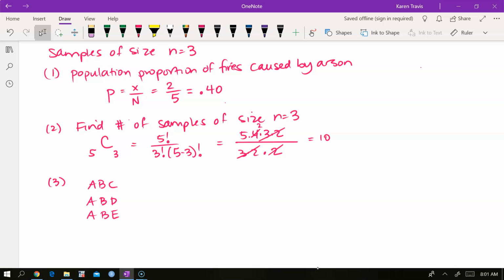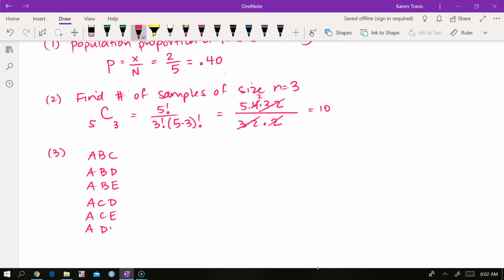I just chose all the fires that would have A and B. The next ones I'm going to choose are the fires that have A and C, and then the fires that are A, D, and E. Next I'm going to do the ones that start with fire B, then B, D, and E. Then I'm going to start with fire C, and now I have 10 samples that each have 3 fires in them, and so that is all the possible samples.